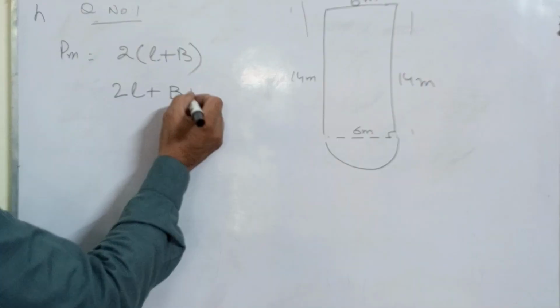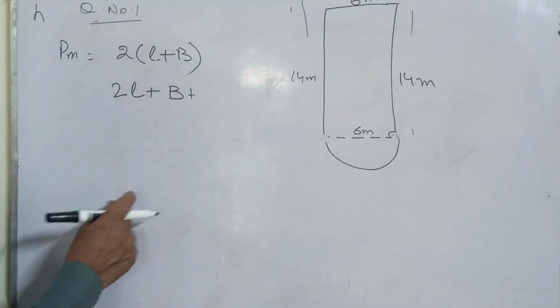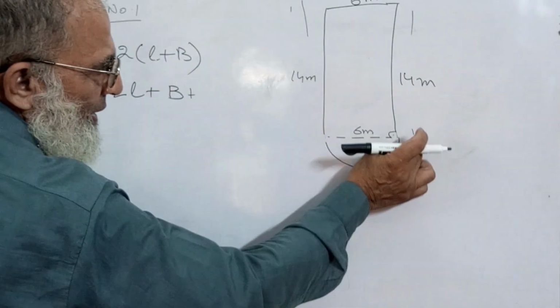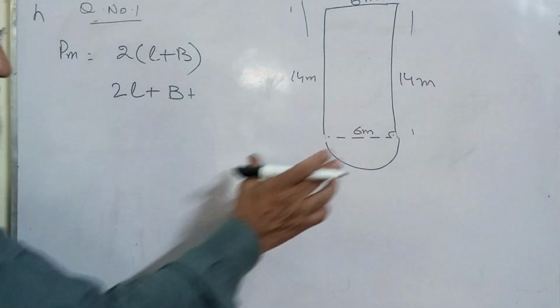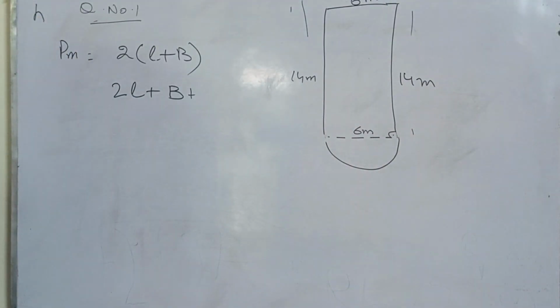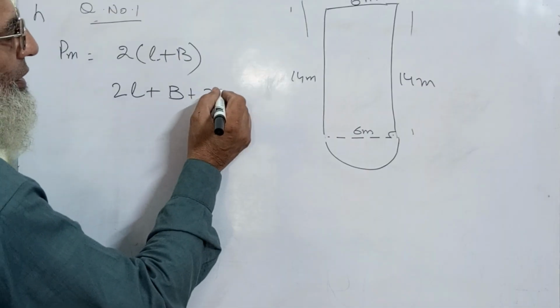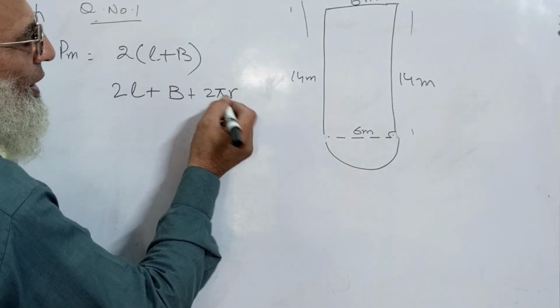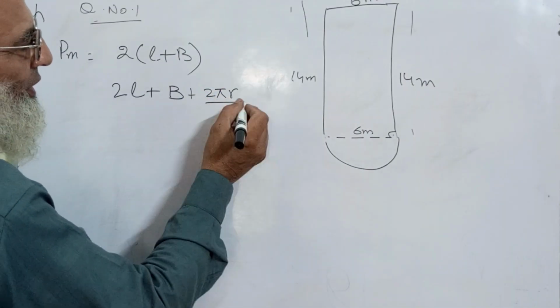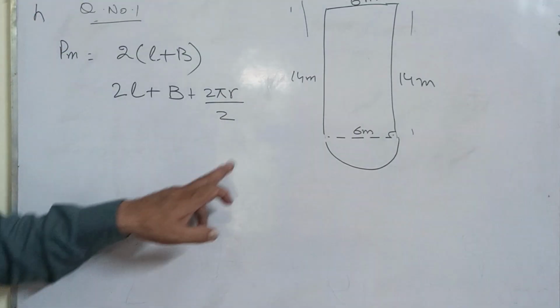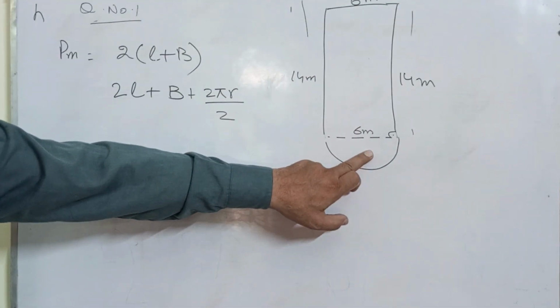And plus again this arc length, only the arc length, not the diameter, because this will not be considered. It will become theta upon 360 times 2 pi r, divided by 2, because this is the semicircle, half circle.